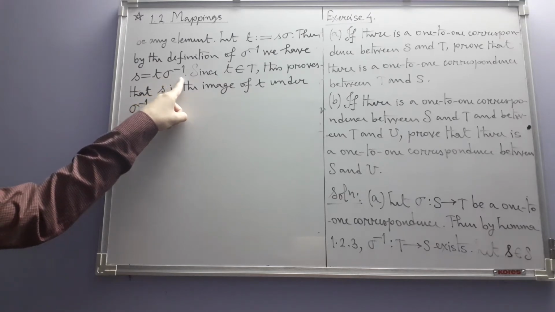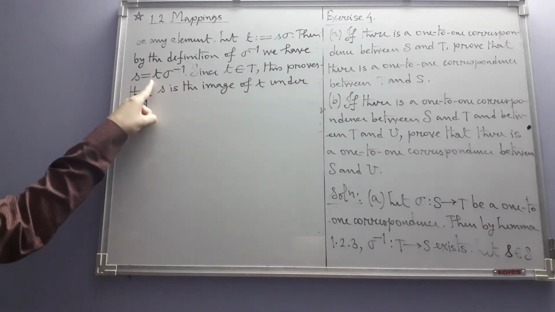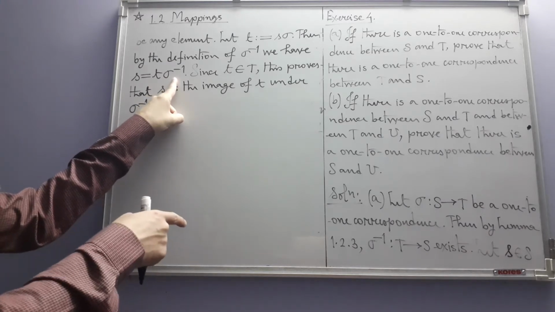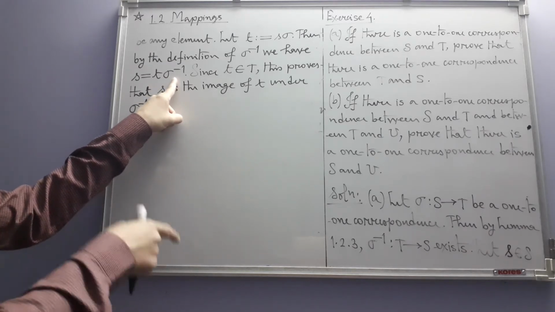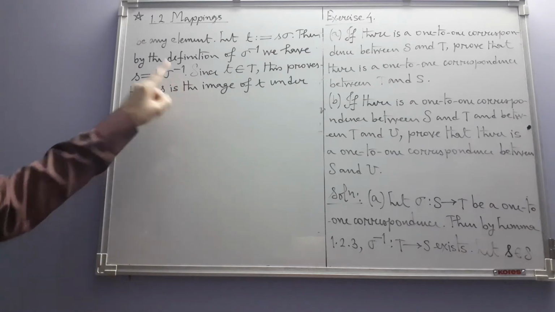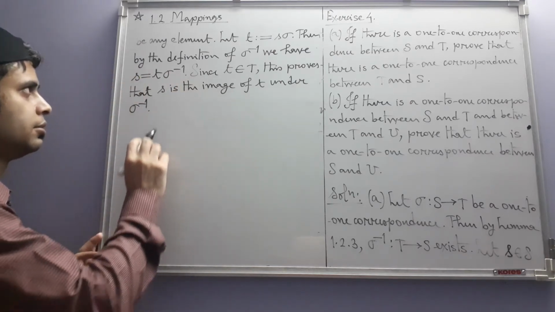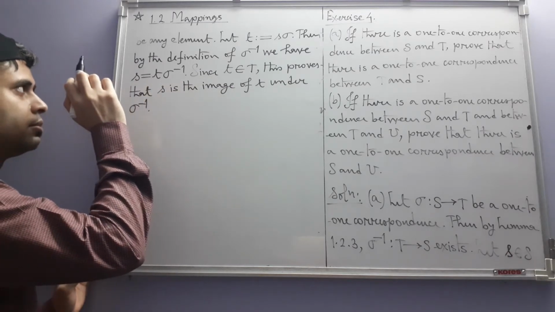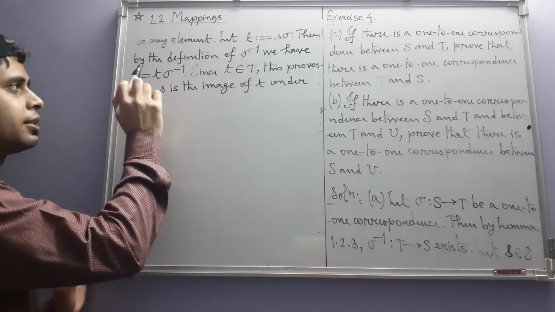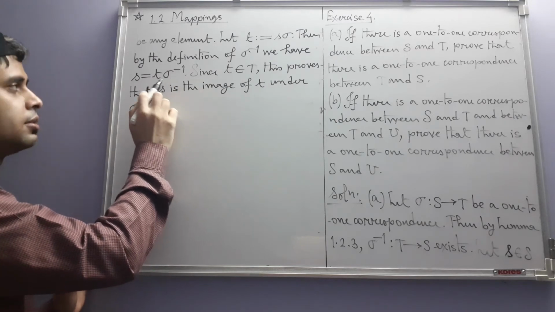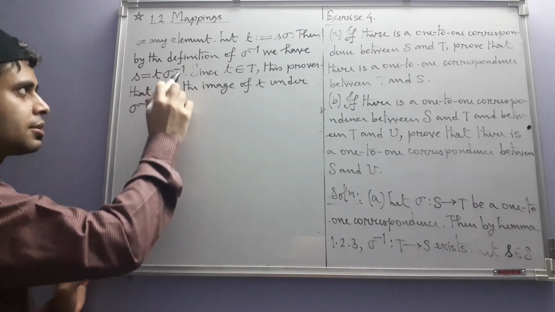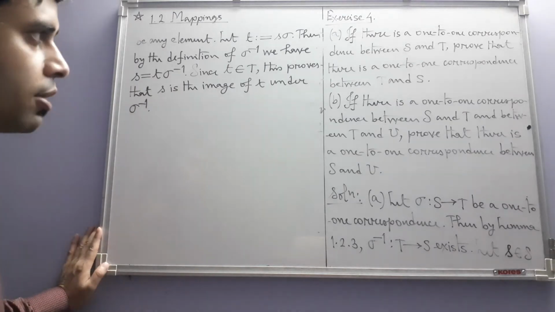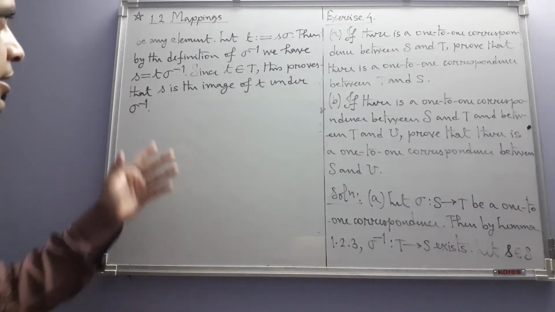It looks like this is the inverse image of t under the function sigma that we defined in the beginning of our video in the first solution. Here, however, it is the image of t under the function sigma inverse. Although it seems like we are using the same notation for two different things, fortunately they turn out to be the same.